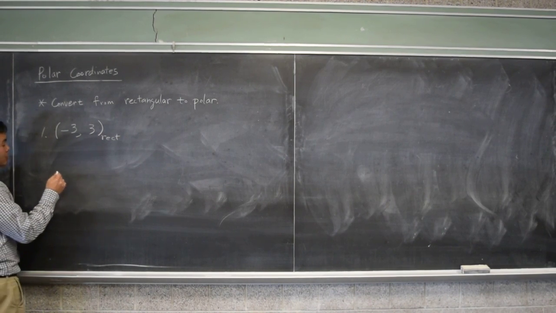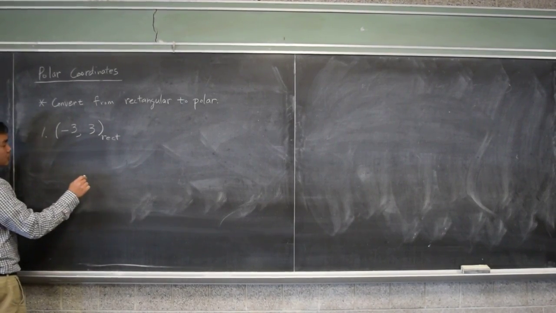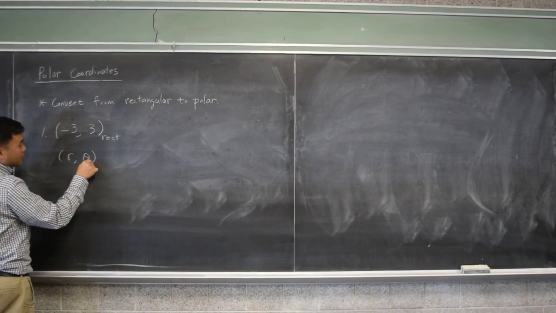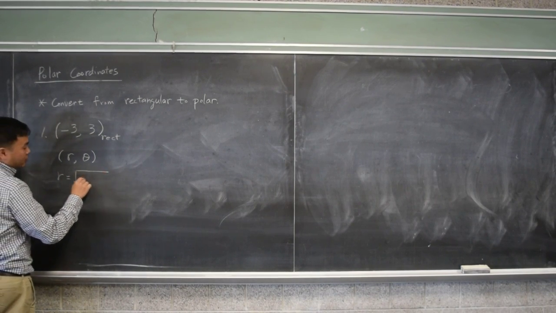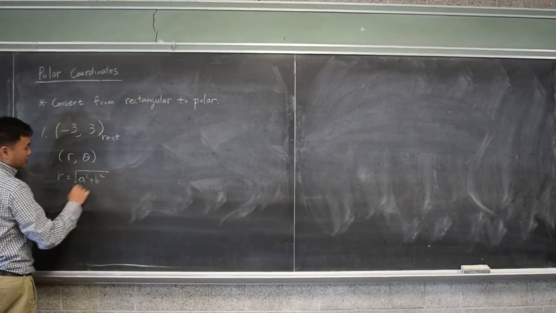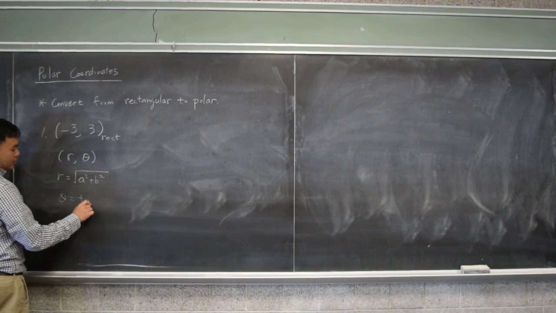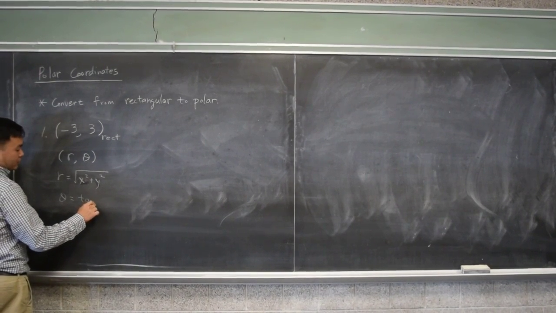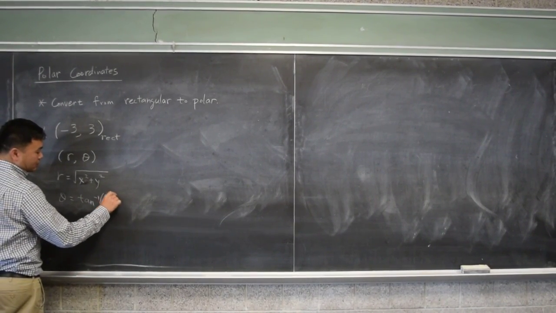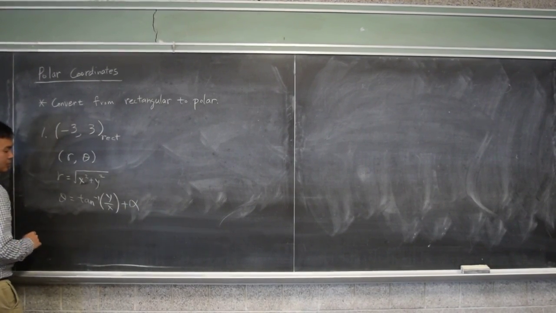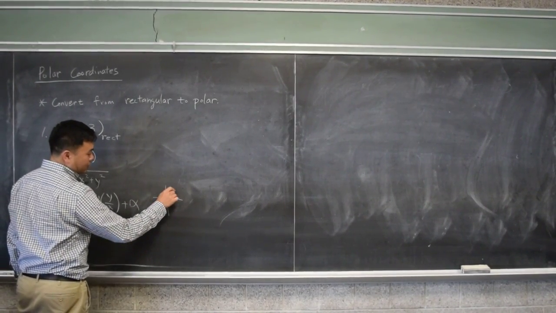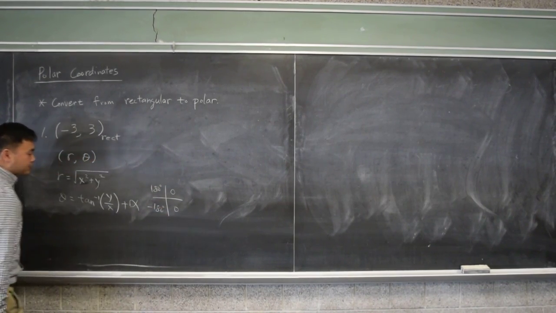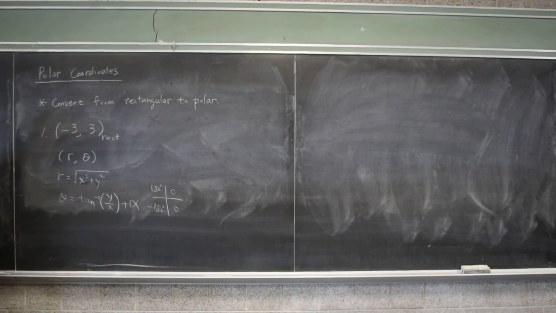Let me first talk about the formulas here. For polar coordinates, I need to write it in terms of r comma theta, where r is the square root of a squared plus b squared, and theta is tan inverse, let's use x and y, that's more clear, tan inverse of y over x plus alpha, where this alpha is 0, 0, 180 here, 180 here. So these are the formulas.